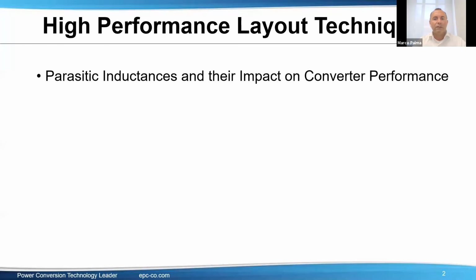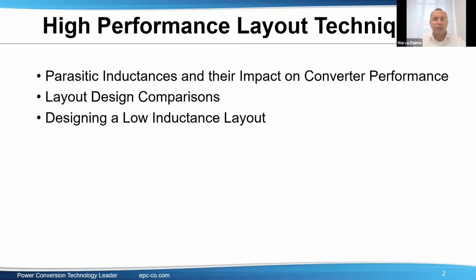So layout is a key factor in determining the performance of a converter. First, we look at the various parasitic inductances present in a layout and their impact on the converter performance. With this knowledge, we can compare various layout designs and learn which ones are best, and present additional details on how to design such a layout.